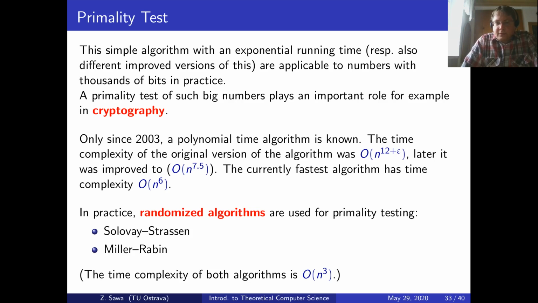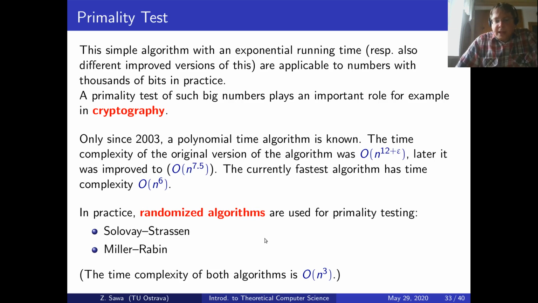What is interesting is that, in fact, known much longer, from the 1970s, there are so-called randomized algorithms for this problem of primality testing. The two best known algorithms for this problem are called Solovay-Strassen and Miller-Rabin, according to the authors of these algorithms.